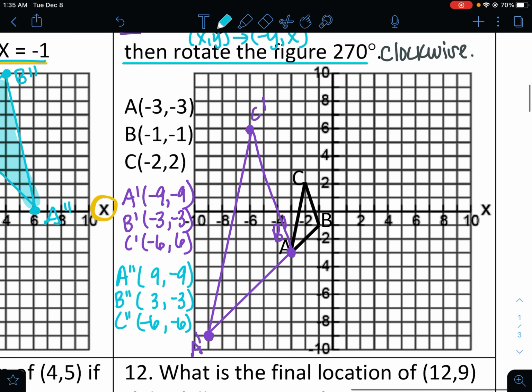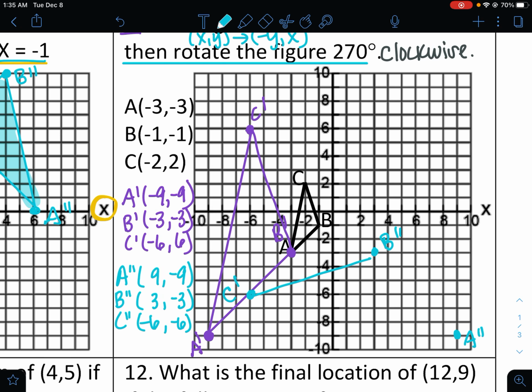And let's go ahead and graph it. 9, negative 9 goes 9 to the right, 9 down. So that was A double prime. Then we have 3, negative 3, so 3 to the right, 3 down for B double prime, and then C double prime would be negative 6 and negative 6. 6 left, 6 down.